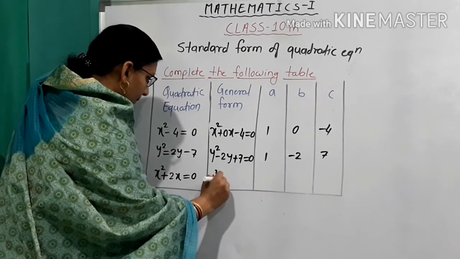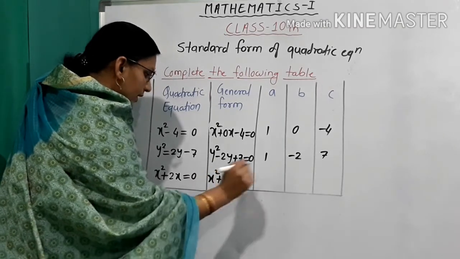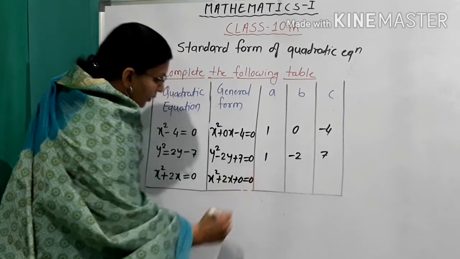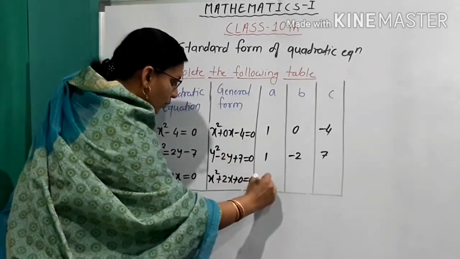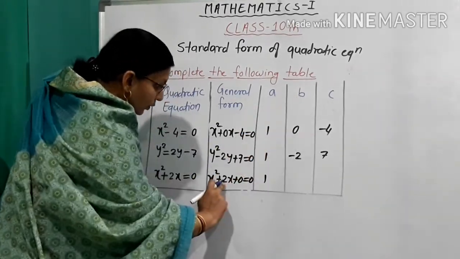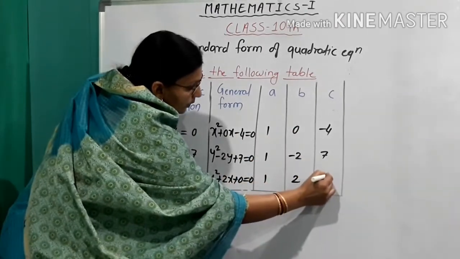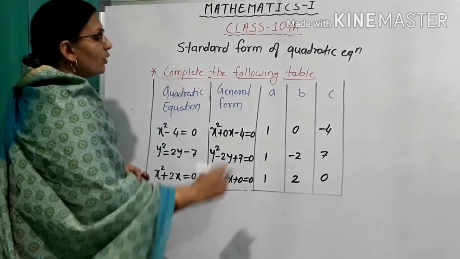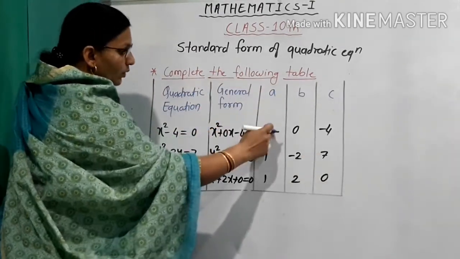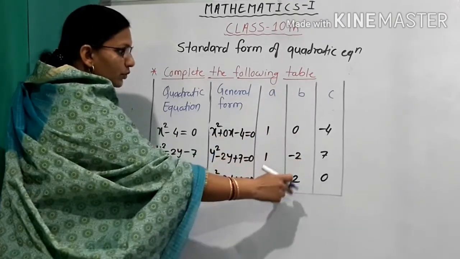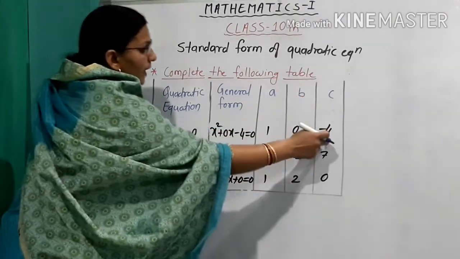Constant term is not here, so it is 0. So a equal to 1, b equal to 2, and c constant term is 0. These coefficients of a, 1, 1, 1, are the quadratic coefficients. b, 0, minus 2, 2 are linear coefficients, and minus 4, 7, 0 are the constants.